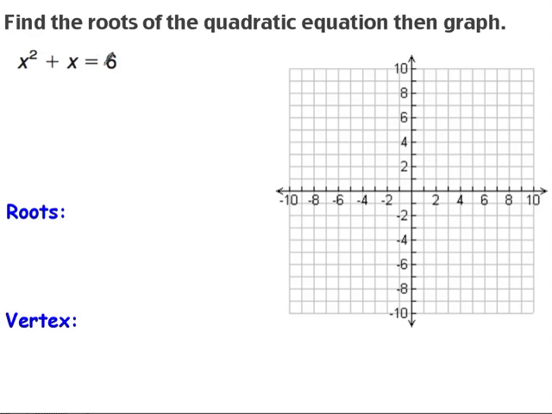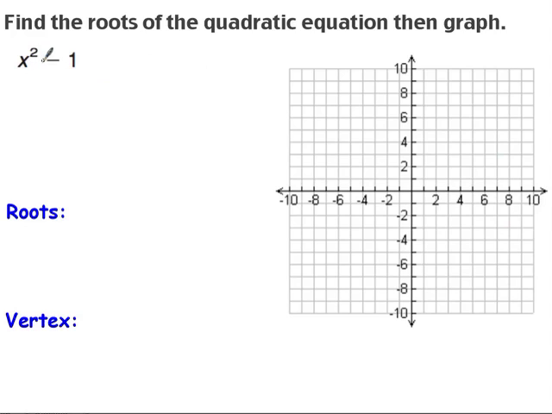For example, here this doesn't equal 0, so make sure you make it equal to 0 by subtracting 6 from both sides. So your quadratic equation should look something like that. Also here, this one doesn't equal 0, but you know that you're looking for the roots or the zeros, so you can make it equal to 0 and then find the roots and find the vertex.